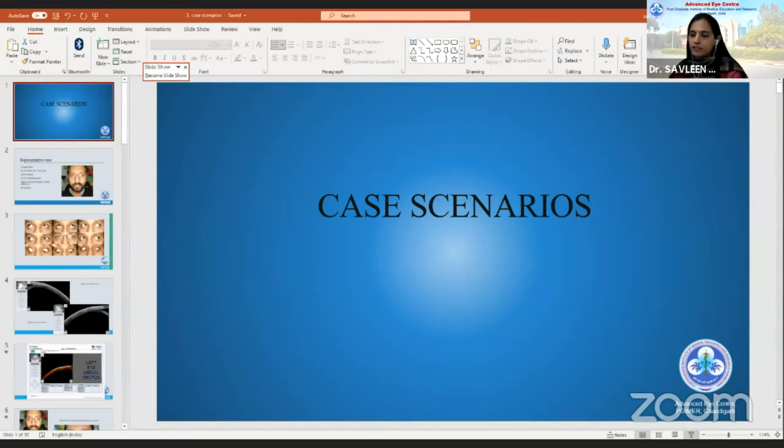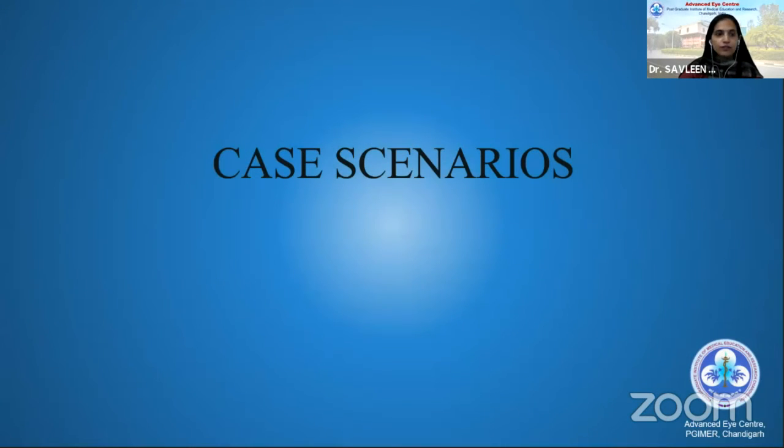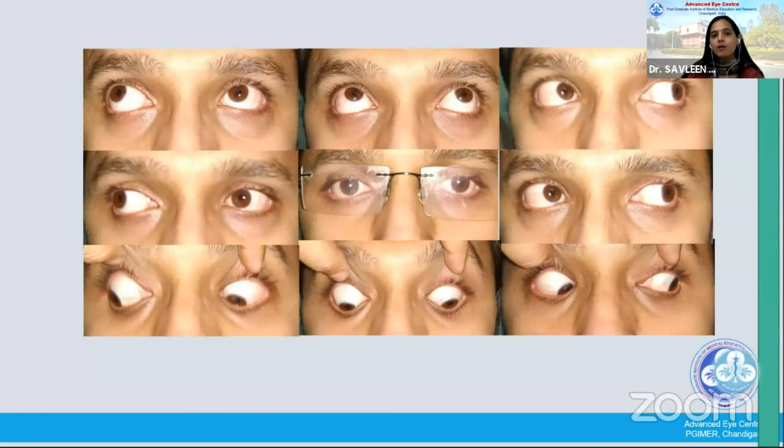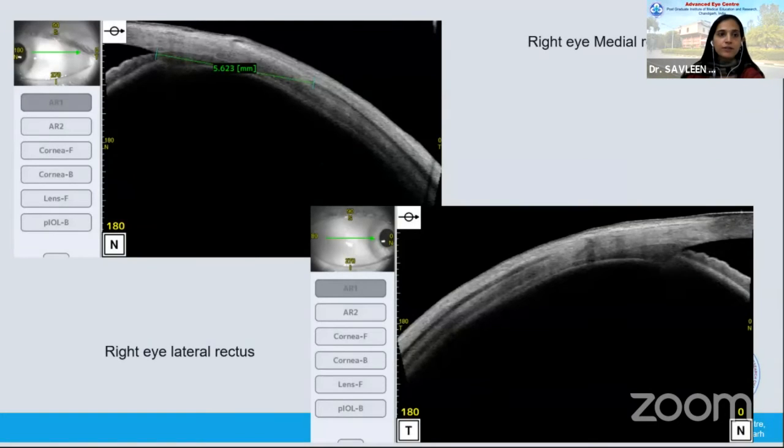Moving on, I go back to the first talk, the UBM and the ASOCT. I talked about a patient who had exotropia in the left eye, did not have any records, and had almost full extraocular movements. We tried to see which eye was operated upon. We did see on the ASOCT that in the right eye, the medial rectus and the lateral rectus were seen and measured normally.